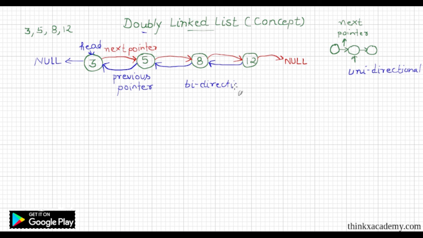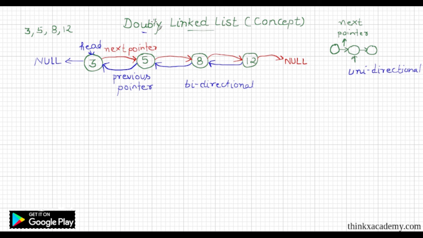If you want to print your data structure in reverse order, let's suppose I want to print out this whole linked list in the reverse direction, I will just use the previous pointers and display the elements of the nodes.